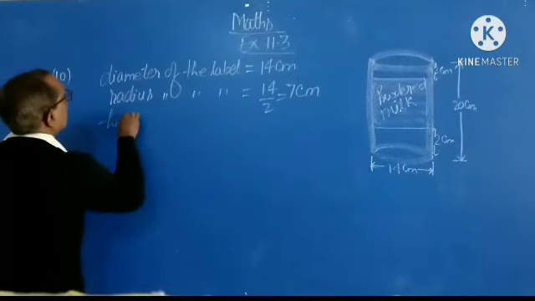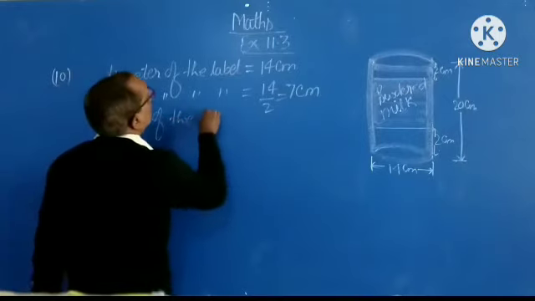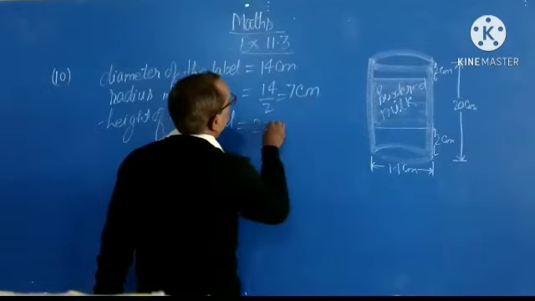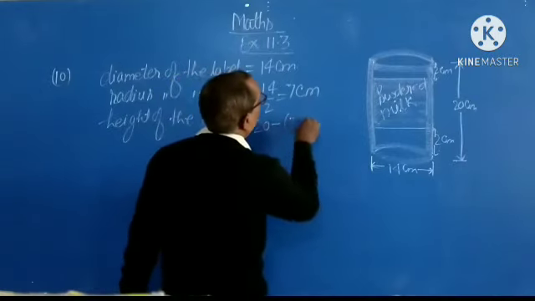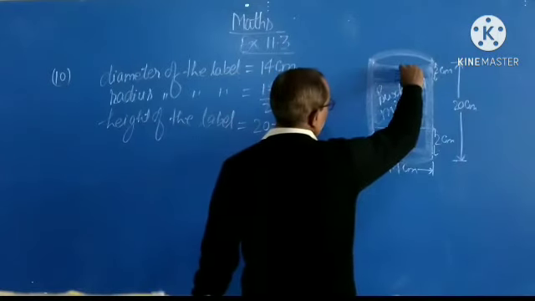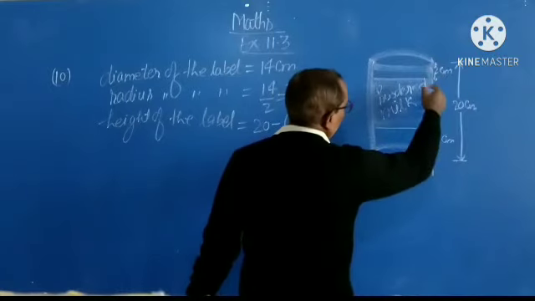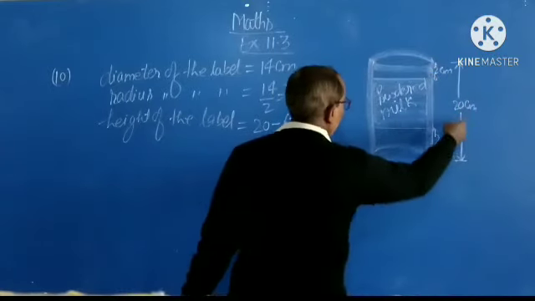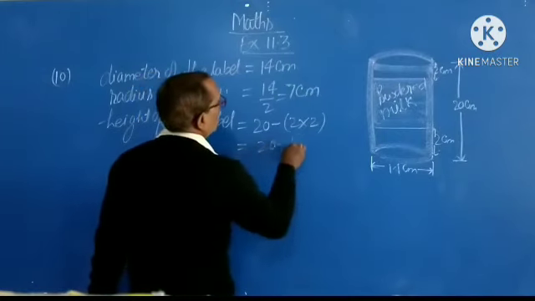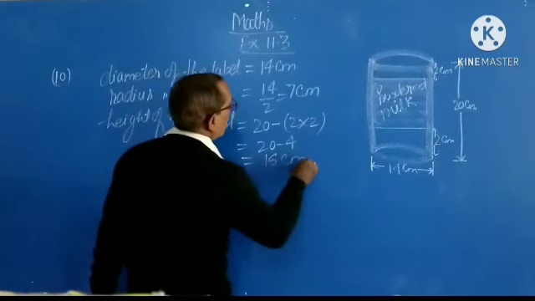Height of the label is equal to 20 minus 2 into 2. 2 is left here and 2 is left here. This means you subtract 2 into 2, means 2 plus 2, from 20 centimeter. You get 20 minus 4, that is 16 centimeter.